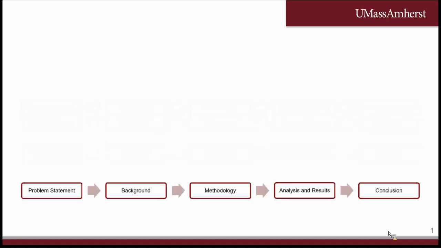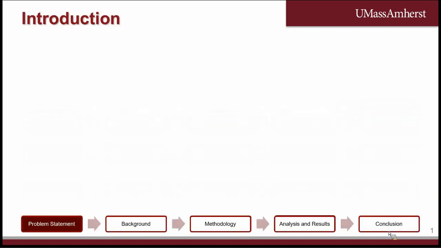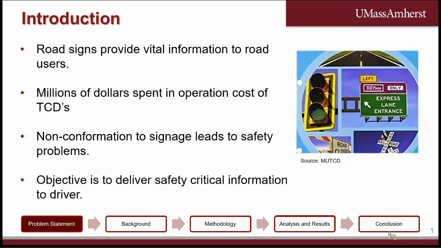To start with, as we all know, road signs play a vital role in delivering safety critical information to the driver, and millions of dollars are being spent in operation cost of TCDs.